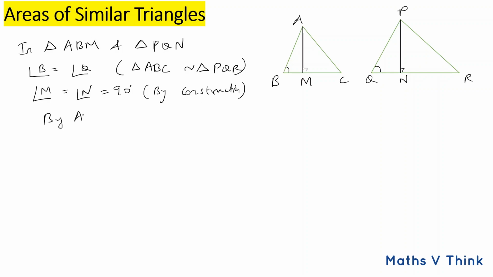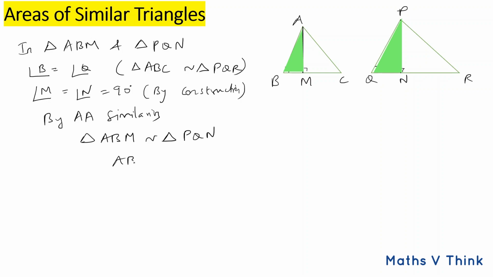So by angle-angle similarity, I can tell triangle ABM is similar to triangle PQN. Now I have proved the similarity of triangle ABM and triangle PQN. Can I tell that their corresponding sides are proportional?